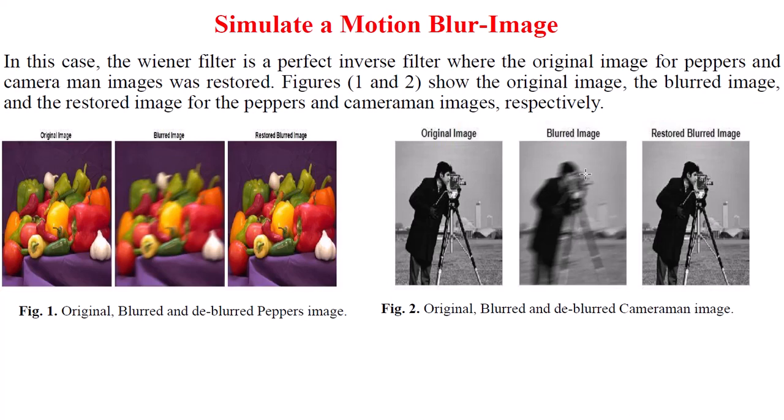After that, we see that the Wiener filter is a perfect filter to remove all the blur from the image, and this is shown in figure 1 and figure 2. This case 1 is only a blurred image without noise.